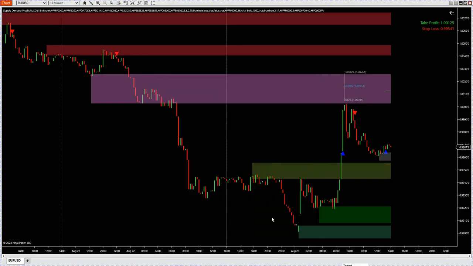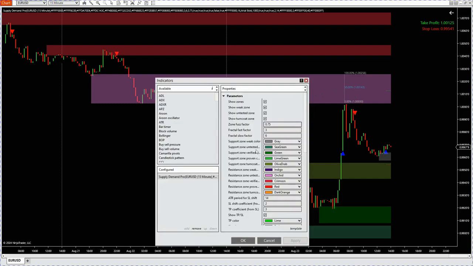And this 50% level becomes a very important, very sensitive level. If we bring up the properties on the indicator, we'll see that this purple represents an untested resistance zone.